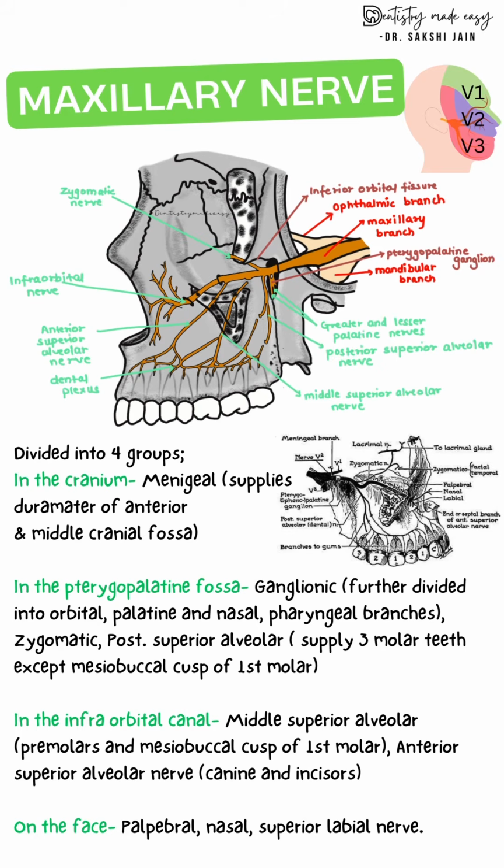The last group is the branches on the face. The infraorbital nerve emerges onto the face and divides into terminal branches that are inferior palpebral, external nasal and superior labial, that is, it innervates the lateral aspect of the nose, upper lip and the lower eyelid.